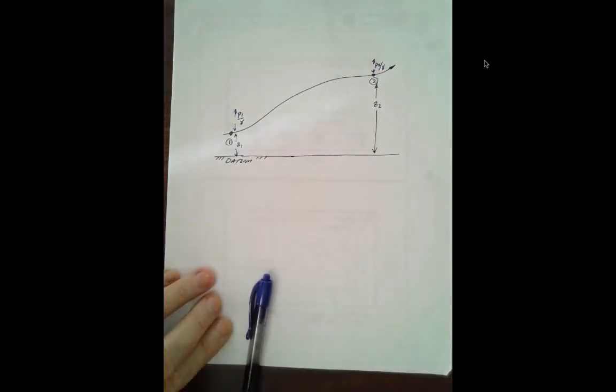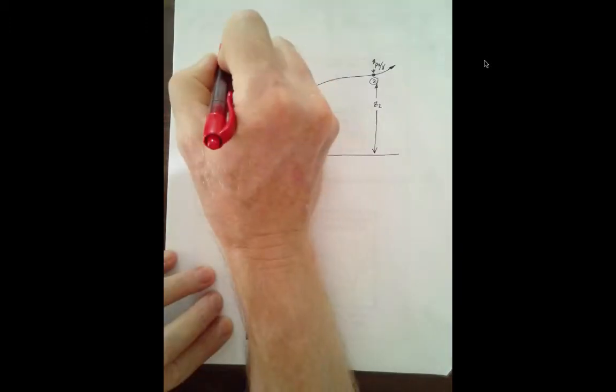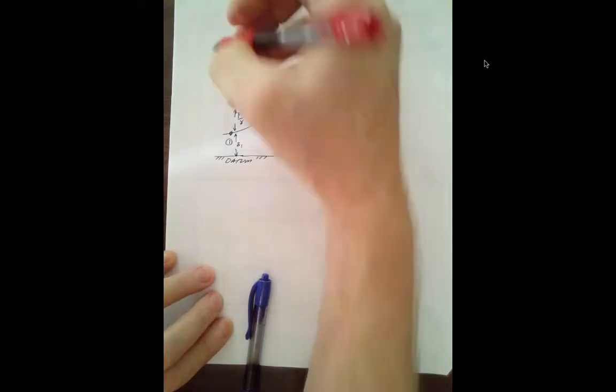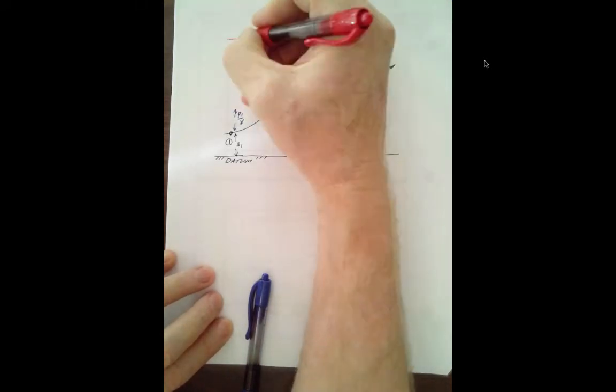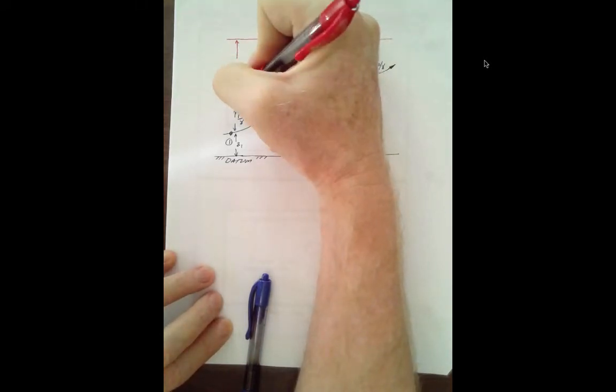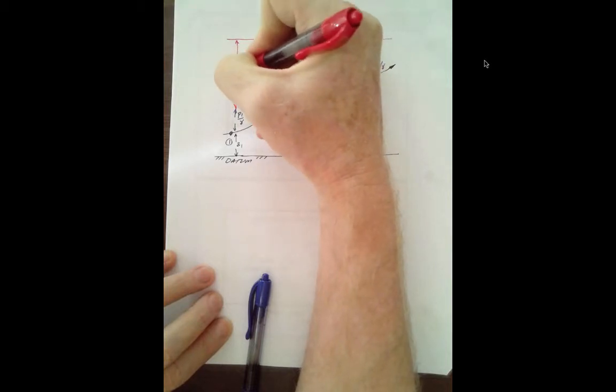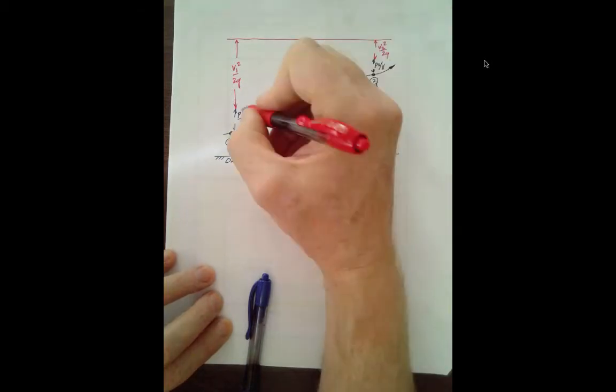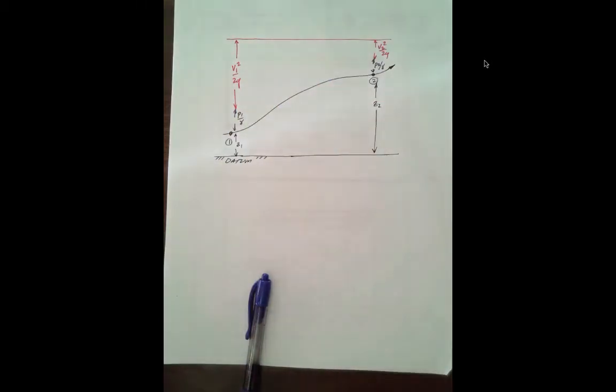And lastly, if it's Bernoulli's equation, there's no energy loss, so there would be V1 squared over 2g, V2 squared over 2g would be the velocity head.